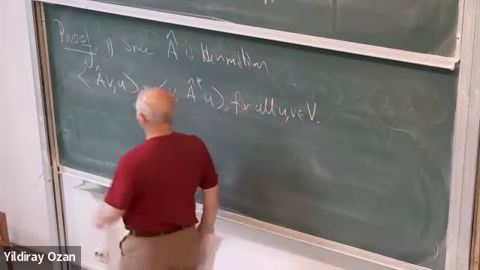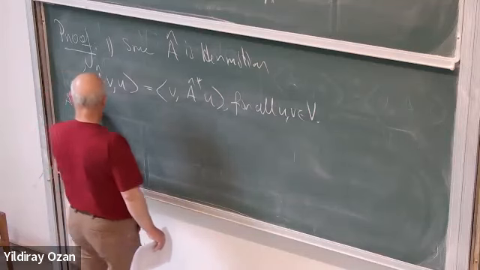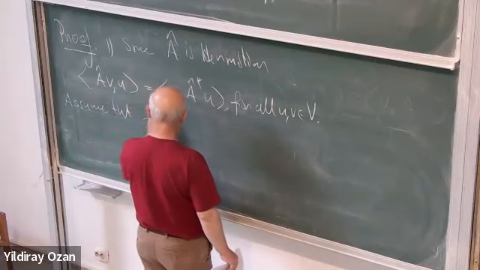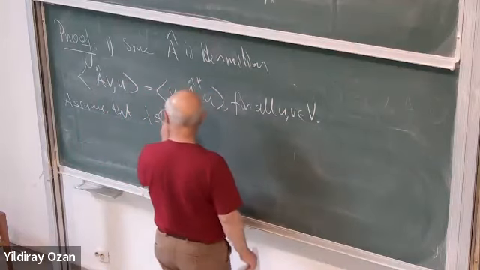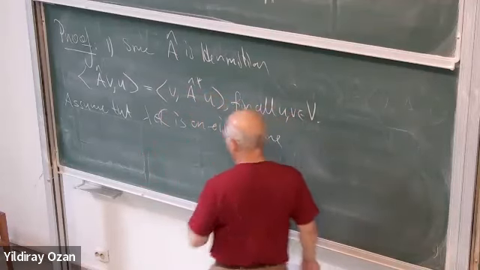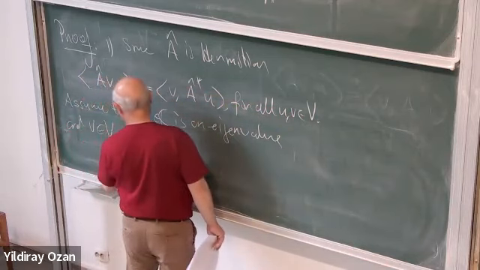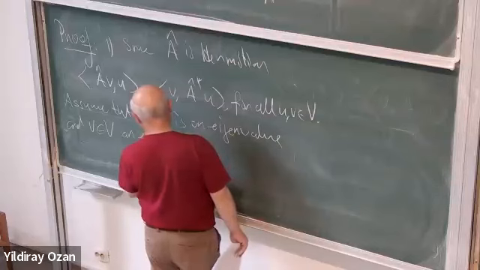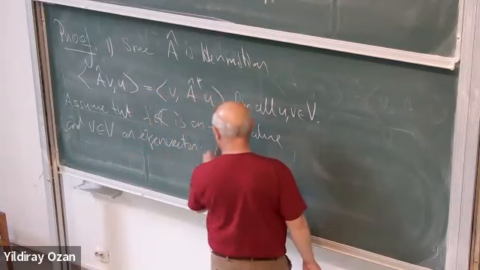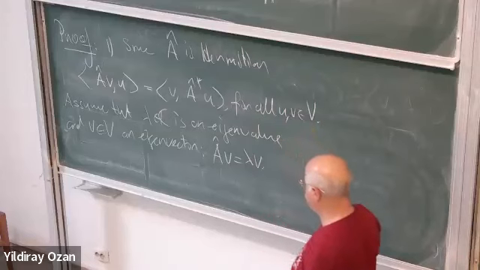Now assume that lambda is an eigenvalue and v is an eigenvector, yani şu A eksi lambda.